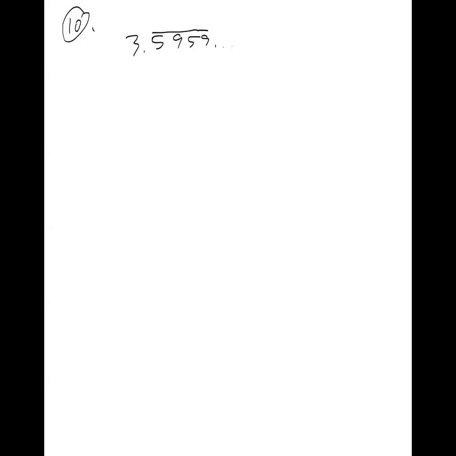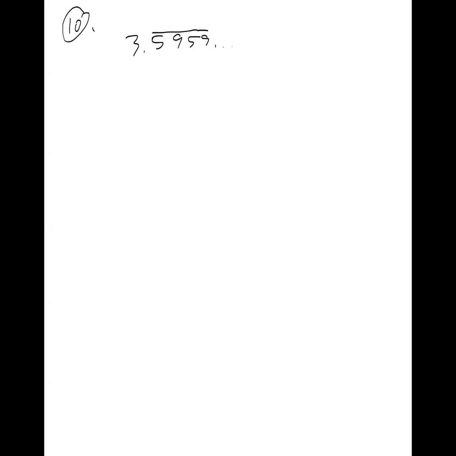So let's do it. First of all, count how many digits are repeating. Actually, first of all, where does the repeating pattern start? Does it start right after the decimal point or later? It starts right after the decimal point, right? So the first thing you do in these kinds of problems to express a repeating decimal as a fraction, because remember, any repeating decimal is actually a rational number, which means it can be expressed as a fraction.